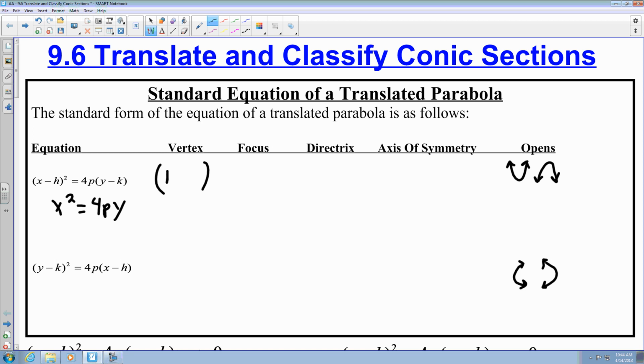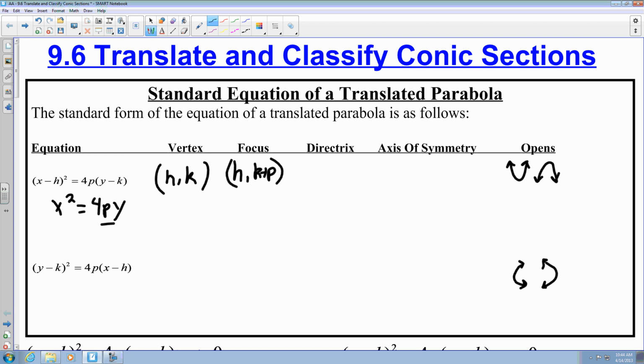So h comma k is the position of our vertex, whatever that may be for any specific equation. Our focus, if you remember for this one, was at 0, comma p. So that means it'll be switched to h, and then k plus p will be the location of our focus.